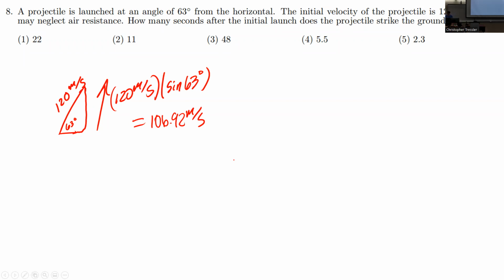So now, let me think. We're looking for time, so there's not really a reason for us to use VF squared equals VI squared plus 2a change in y, because that doesn't give us time.